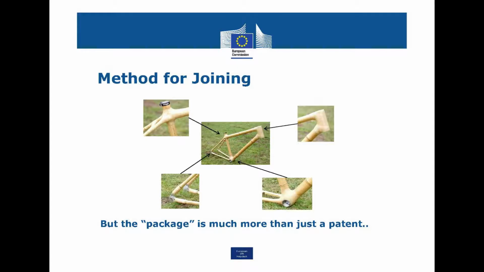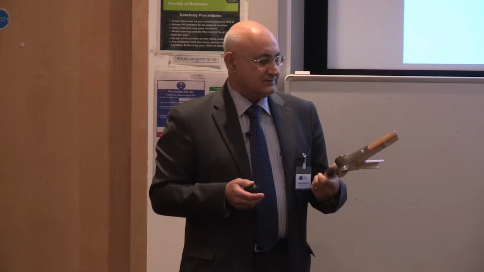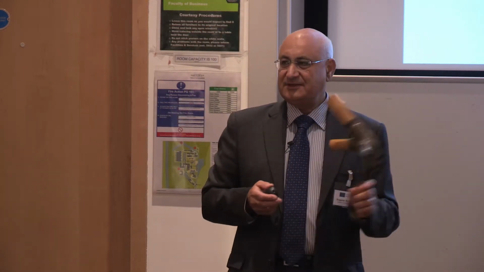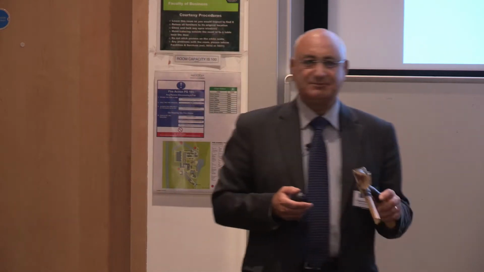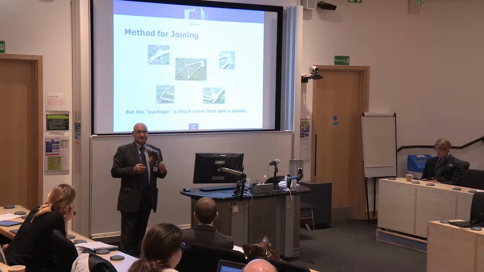This came about because the university was doing research in the Joining Technologies Institute to understand ways of dealing with sustainable materials. Sustainable engineering is a big thing, and as a result they were looking at bamboo, which is a very sustainable material, and a new method of joining bamboo was discovered.